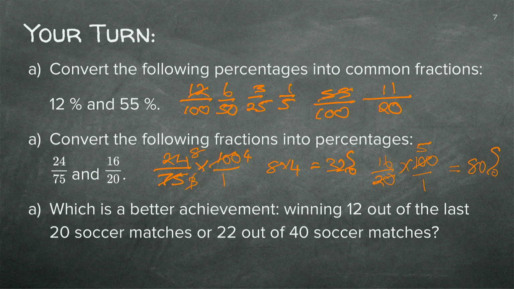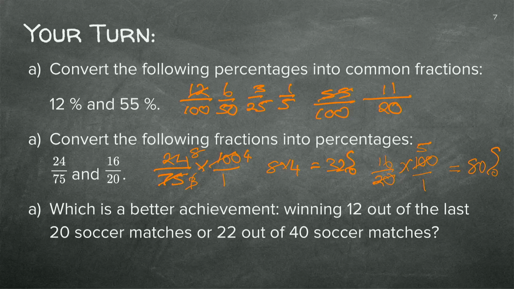Now they ask us, again one of those, which is a better achievement if you win 12 out of the last 20 soccer matches or 22 out of 40 soccer matches? I hope you managed to do this one correct, right? So what are we doing?